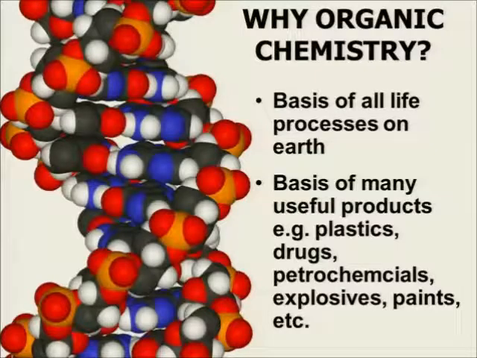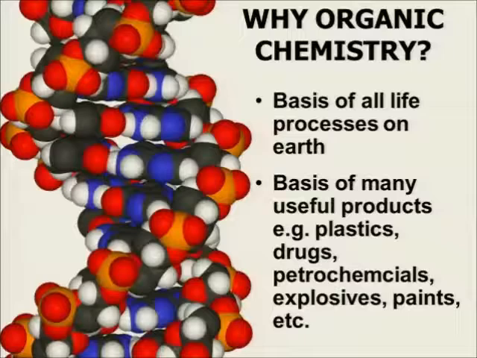If you look at the processes that are happening on Earth, most of them are based on organic chemistry. You can think of the car that you are using to travel to school. It uses petrol, and petrol is one of the compounds that we have in organic chemistry.